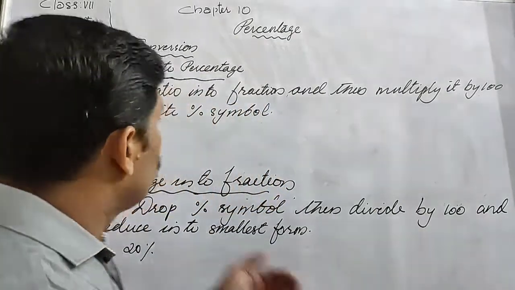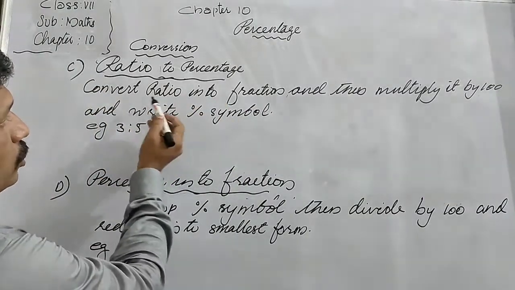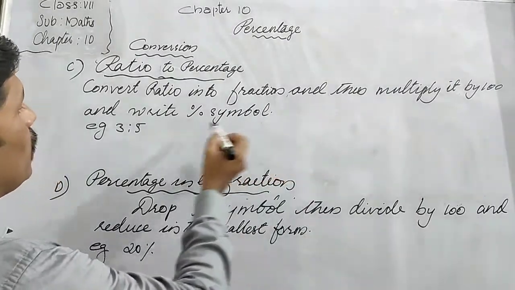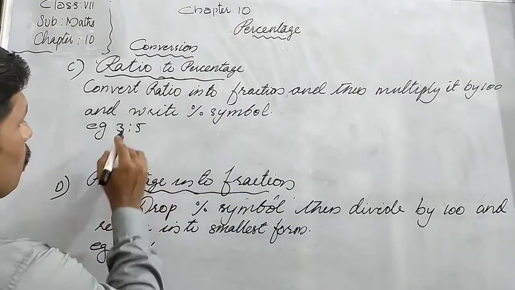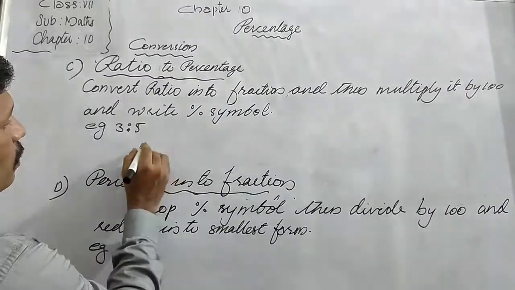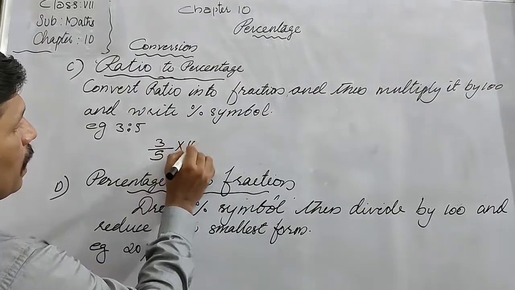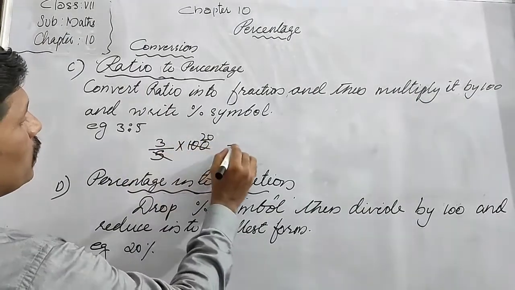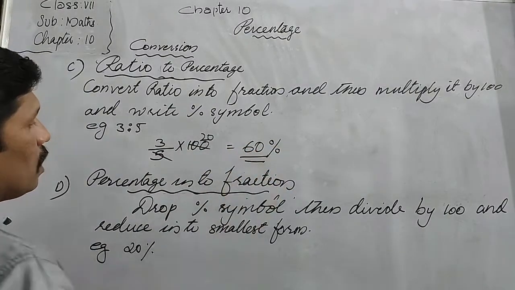We can check with the help of an example. Ratio into percentage: convert the ratio into a fraction, multiply by 100 and write the percentage symbol. Example 3:5. 3:5 we can write as 3 upon 5, and then we multiply by 100. 5 20s are 100, so 3 into 20 is equal to 60. We got 60 percent.